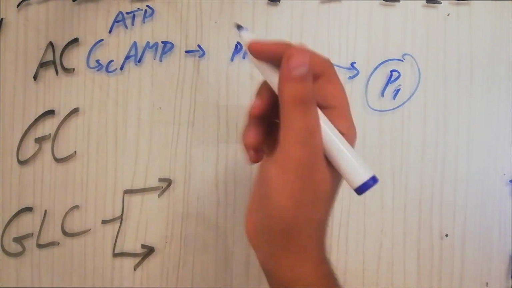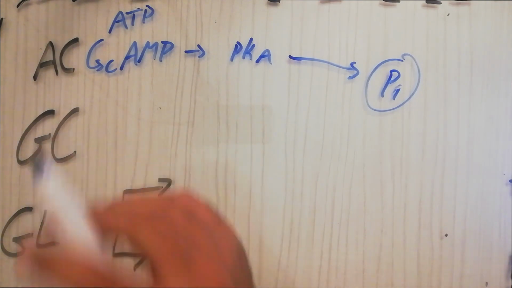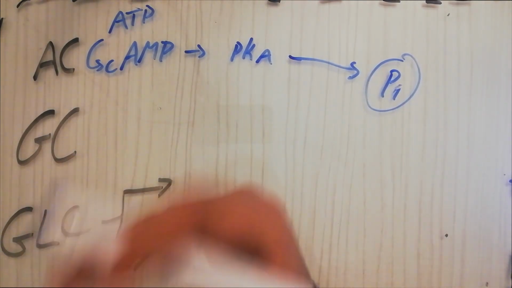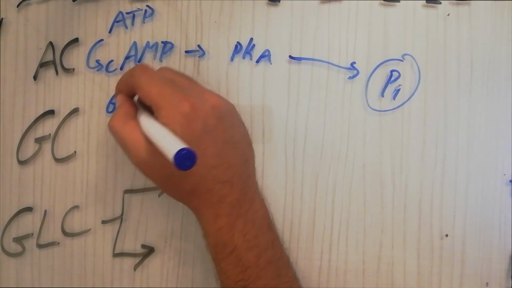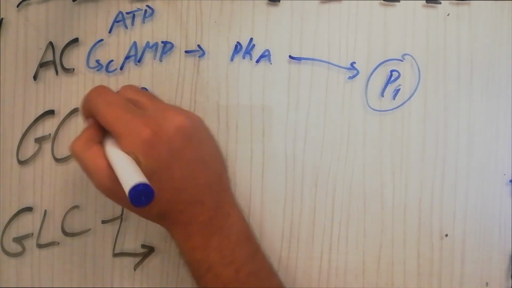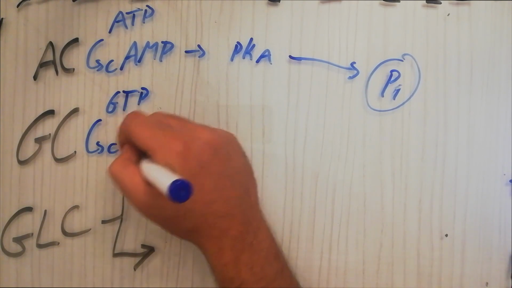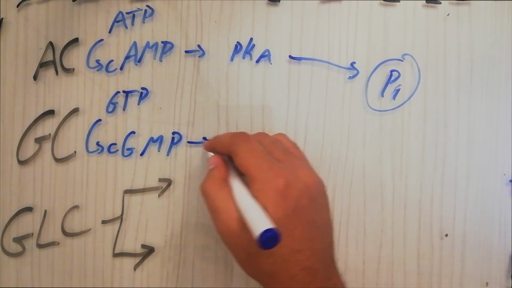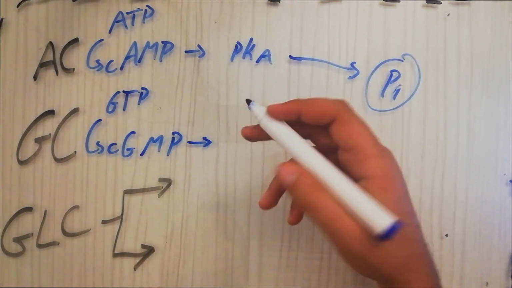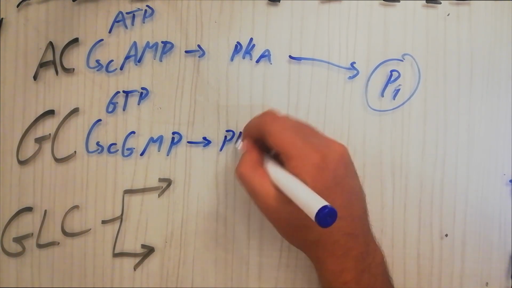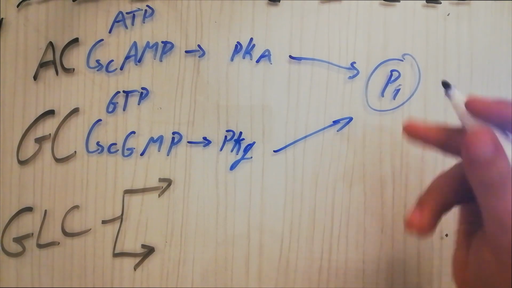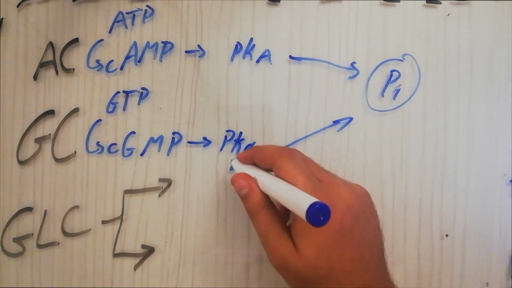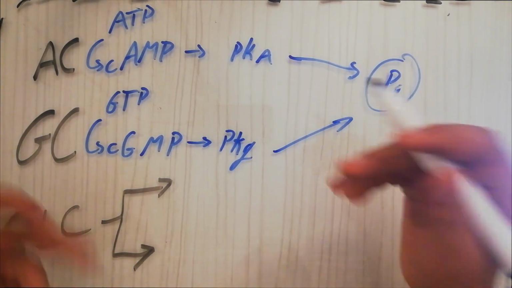Guanylyl cyclase is similar, except whenever you see an A, replace it with a G. So it converts GTP into cyclic GMP. And this increase in cyclic GMP activates protein kinase G, which ultimately leads to the phosphorylation of proteins, because this is a protein kinase which phosphorylates proteins.